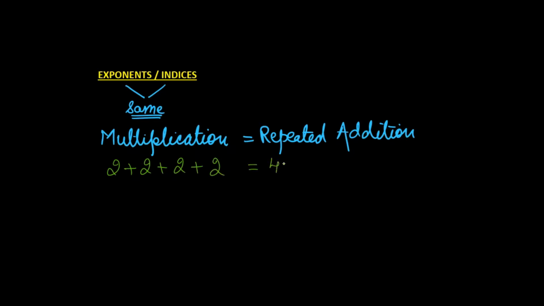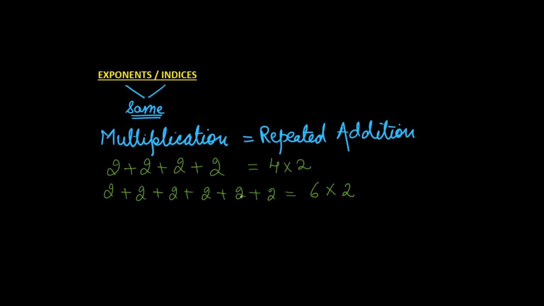We write it as 4 times 2. Times means multiplication. If we have 2 plus 2 plus 2 plus 2 plus 2 plus 2, we write it as 6 times 2. So multiplication is nothing but repeated addition.